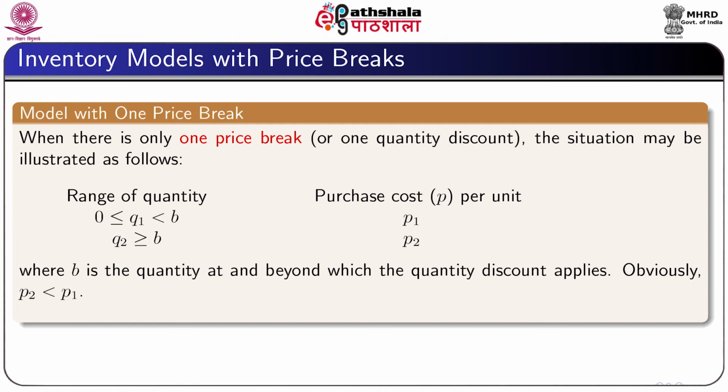For the range of quantity 0 less than or equal to Q less than B, the purchase cost is P1, and when the quantity is greater or equal to B, then the purchase cost is P2. Here B is the quantity at and beyond which the quantity discount applies, and obviously P2 is less than P1. That means, when we purchase more quantities, the purchase cost is less.